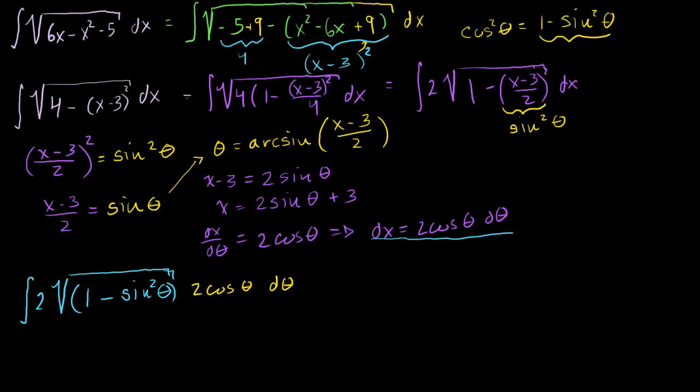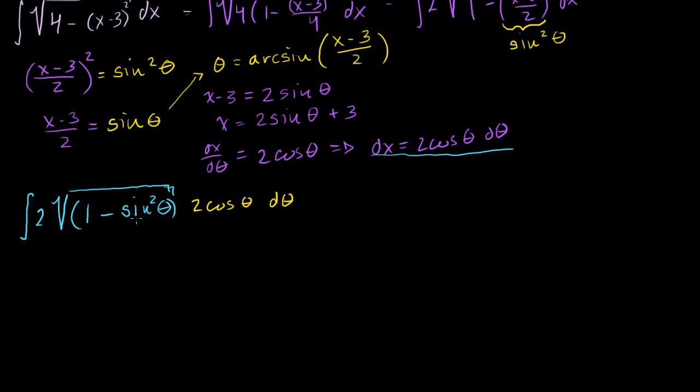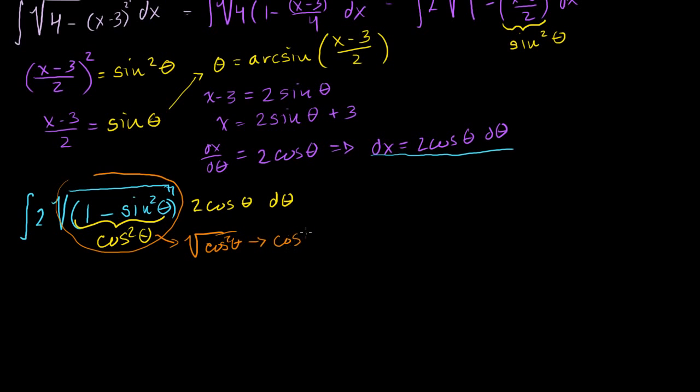Now, what does this simplify to? This 1 minus sine squared of theta is just cosine squared of theta. And we're going to take the square root of cosine squared of theta, which is just the same thing as cosine of theta.